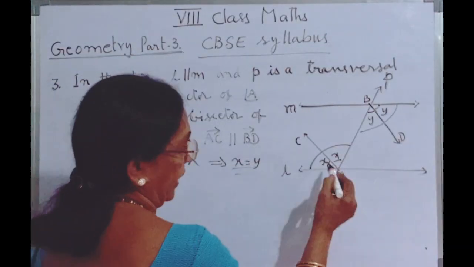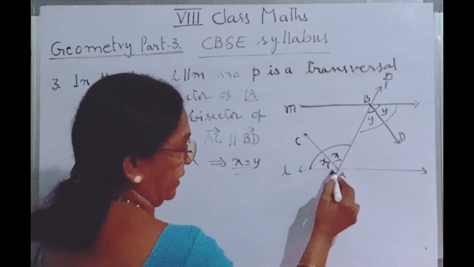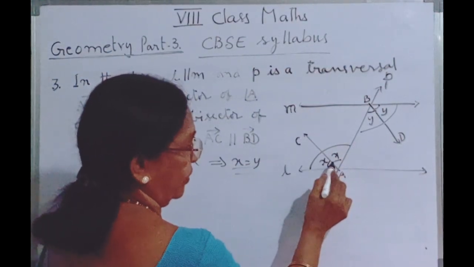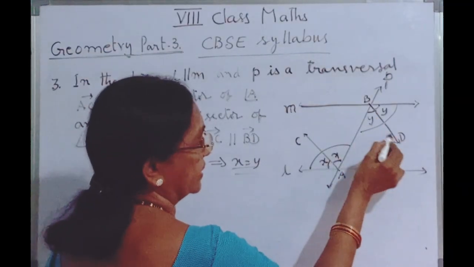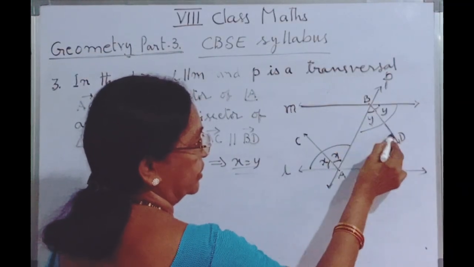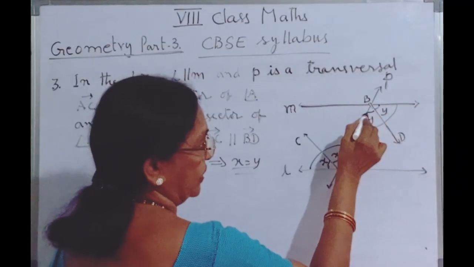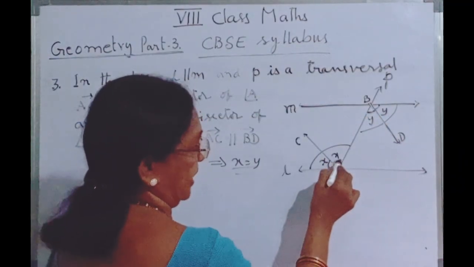Next, AC is the bisector of angle A, so each part is angle x, and BD is the bisector of angle B, so each part is y. So this angle is y and this is x.